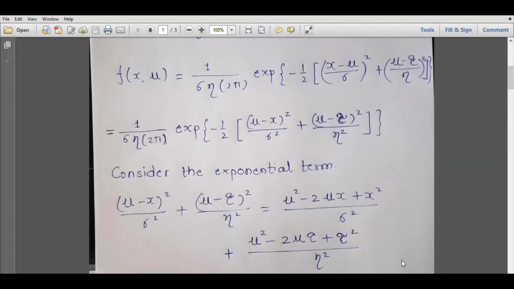Let us check it again. Mu square minus 2 mu tau plus tau square upon eta square. So looks alright so far. Now let us move ahead.